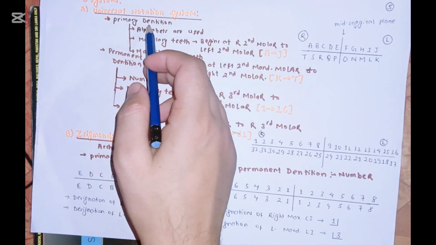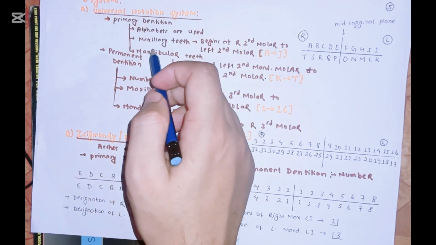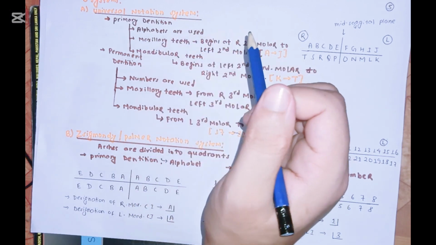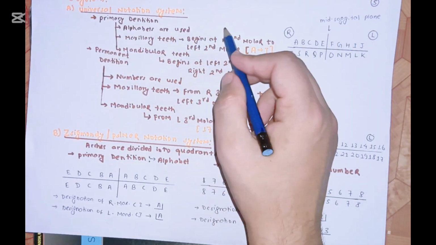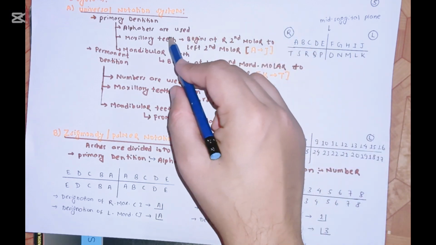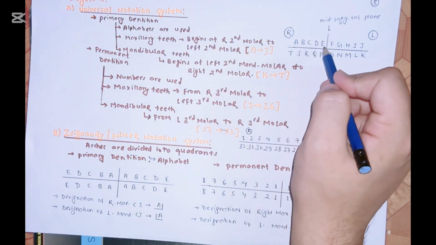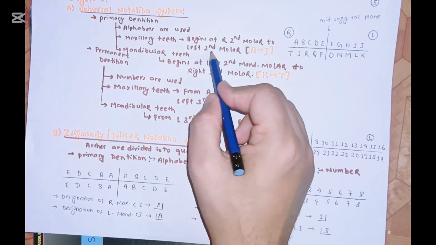In primary dentition, the universal notation system uses alphabetical form, meaning we use alphabetical letters to designate the primary teeth. As we can see in the figure, we start from the right second molar to the left second molar.